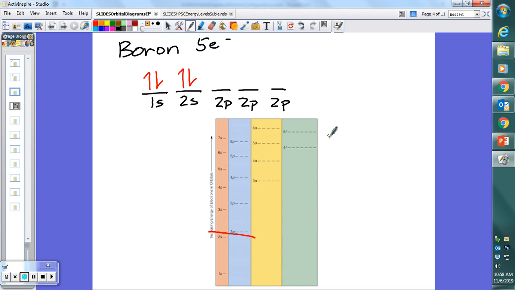It really doesn't matter. For the most part, you'll find that when books write out orbital diagrams, they would put the 1 electron there. However, if you did this, you're just as right. Or if you did this, ready?